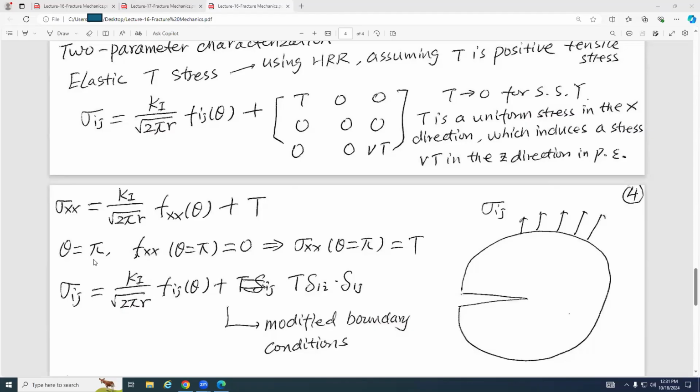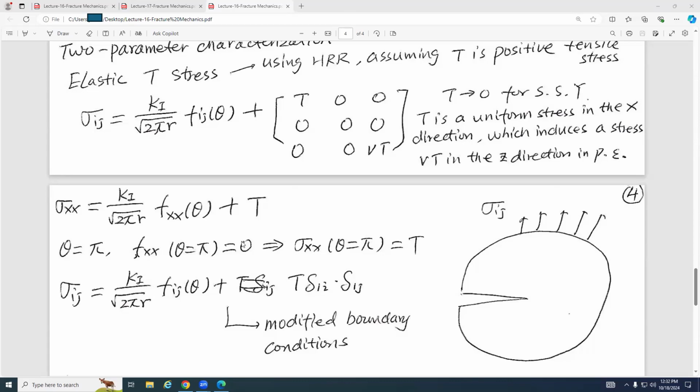For the top crack face, f_xx equals 0, and there is no traction. We assume within this crack, there is no traction. The crack is traction free.